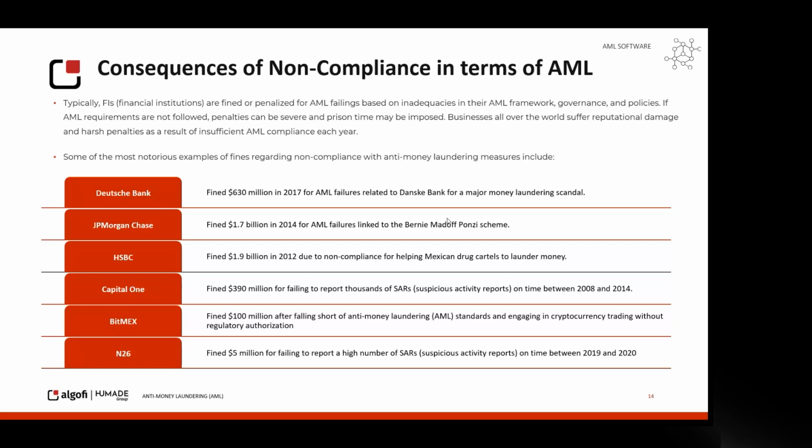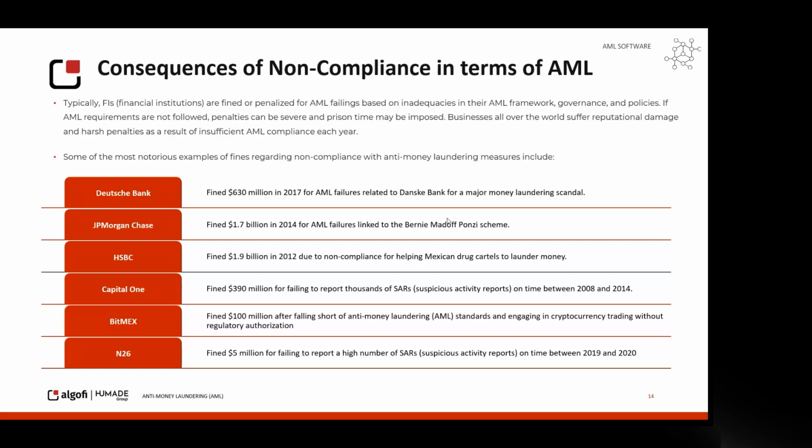JP Morgan Chase, which was fined $1.7 billion in 2014 for AML failures linked to the Bernie Madoff Ponzi scheme. HSBC, which was fined $1.9 billion in 2012 due to non-compliance for helping Mexican drug cartels to launder money.